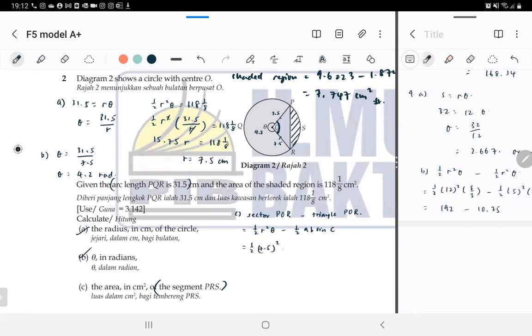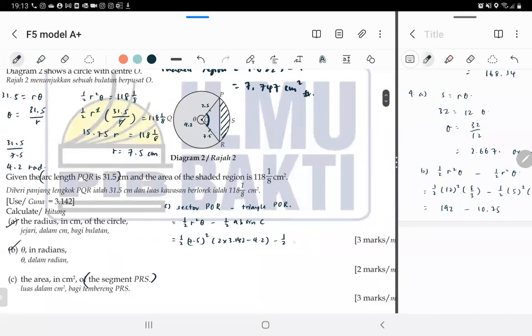7.5. And then 2 times 3.142 minus 4.2, minus 1/2 7.5 squared sine. Okay, minus pi over 180.